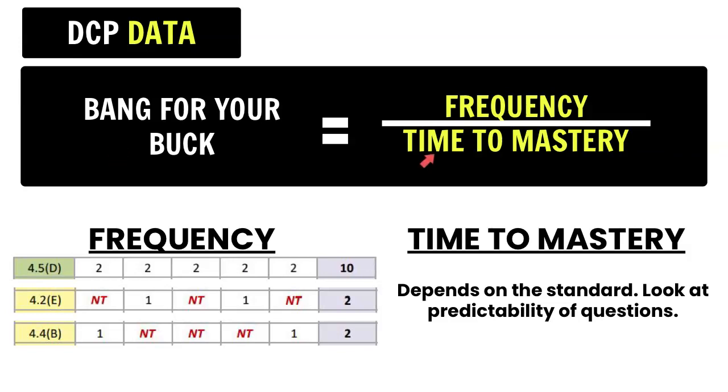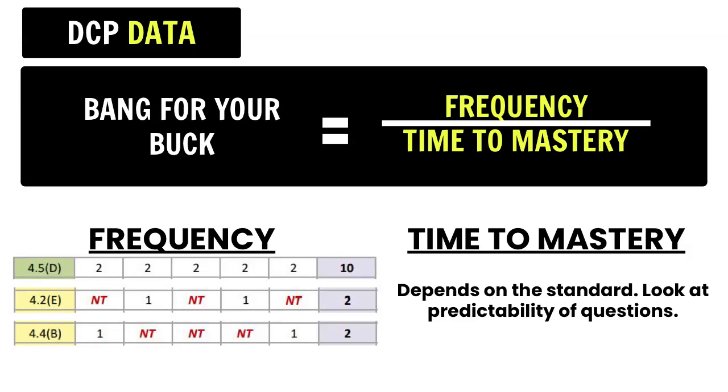If we have a shorter time to mastery, meaning that students will be able to master that standard quicker than maybe some other ones, the lower that number is, which means it is a higher bang for your buck. If a question has a low frequency on STAR, that's going to lower the bang for your buck that TEK would represent. And if you have a higher time to mastery, which means it would take longer for a student to be able to master that standard, that is going to lower the bang for your buck rating for that particular TEK.